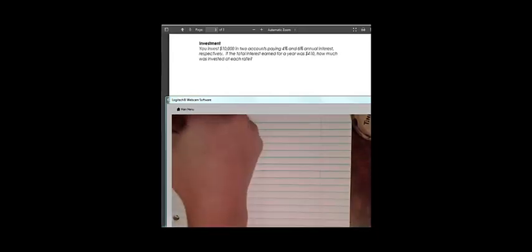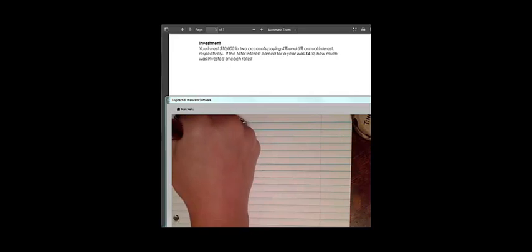Okay, so we need to find out what our unknowns are again. So that's going to be how much did we invest at each percent. So the amount at 4% and the amount at 6%. Those are our 2 unknowns.